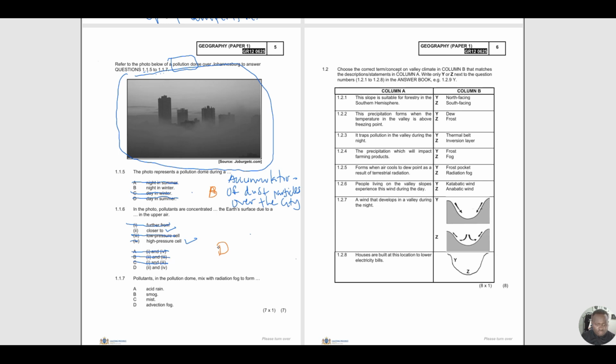1.1.7 pollutants in the pollution dome mix with radiation fog to form. So we know that in the valley climate we learned about the fog. Then we also learn about the smoke.